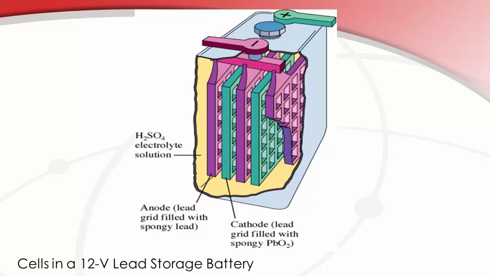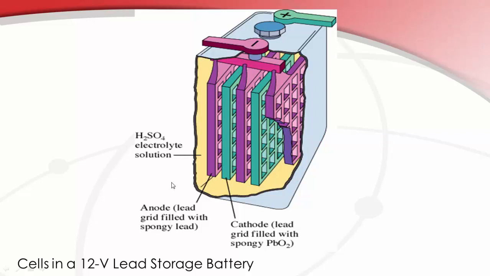Here's one of those rechargeable batteries. Here's a lead storage battery like you'd find in a standard car. Those 12-volt batteries are easily 60-year-old technology. So what we have is a series of cells based on lead. So we have lead oxide going back and forth to solid lead zero, metallic lead.